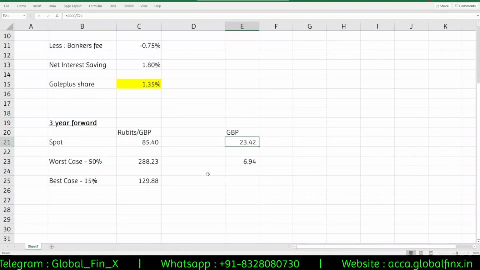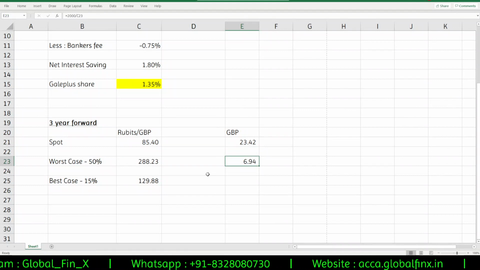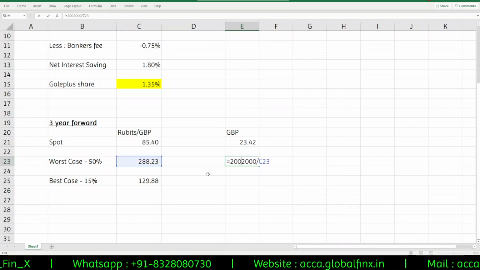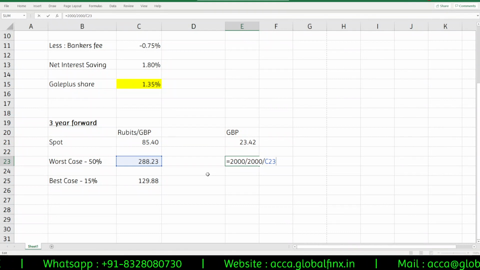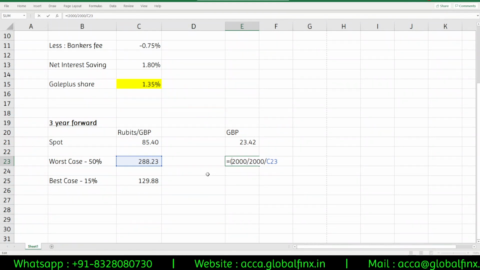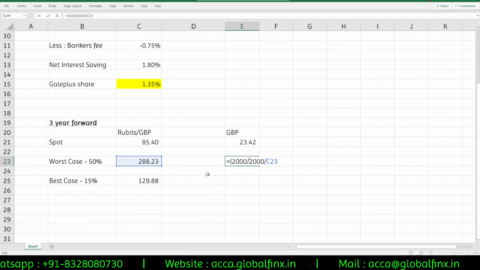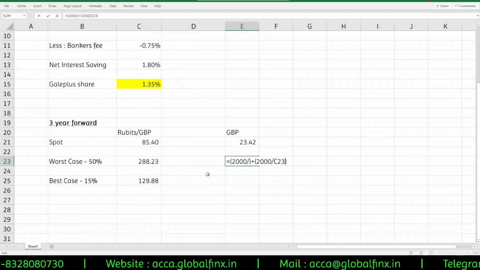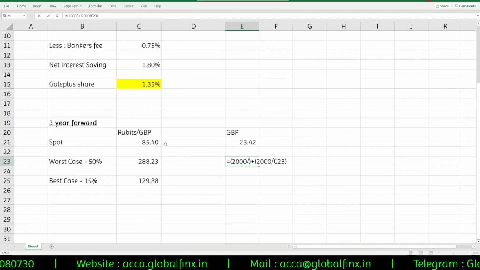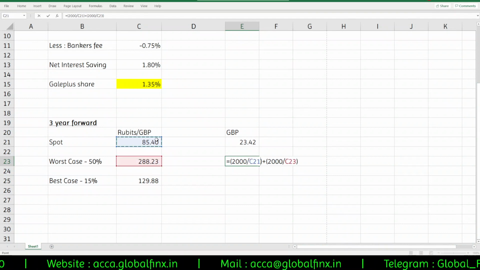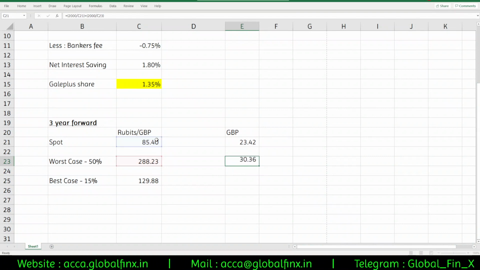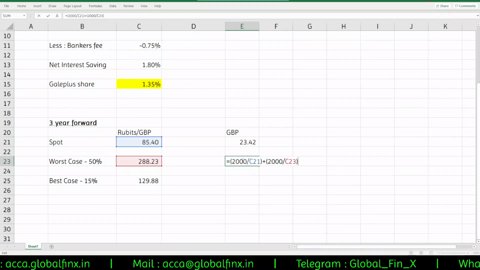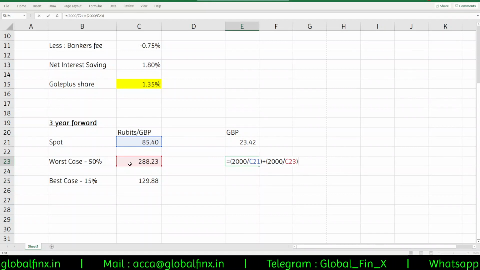What am I going to get back after 3 years if the worst case scenario is applicable? We are going to get two parts: one is the part protected by the hedge and the other is the part not protected by the hedge. For the protected part, we are going to get 85.4 per GBP, which gives 30.36 for the balance, 2000 at 85.4 and the remaining 2000 at 288.3.